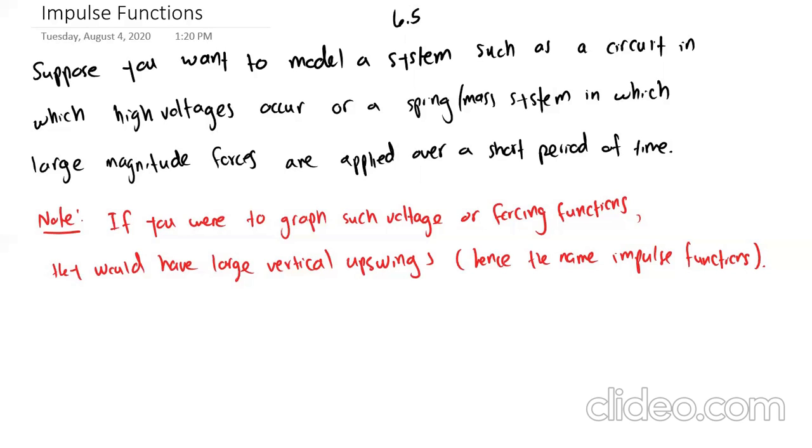For the circuit board, suppose you have high voltages occurring for very short intervals of time. In the spring mass system, think of a driving force that drives the motion on a very small interval as well, for a short period of time.